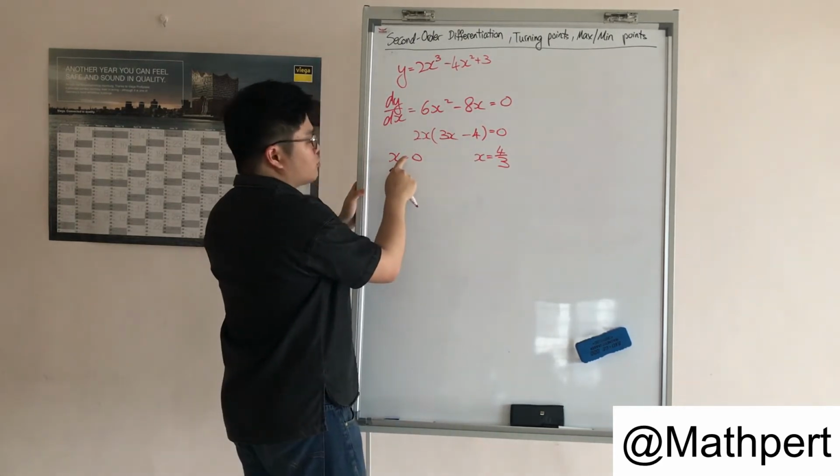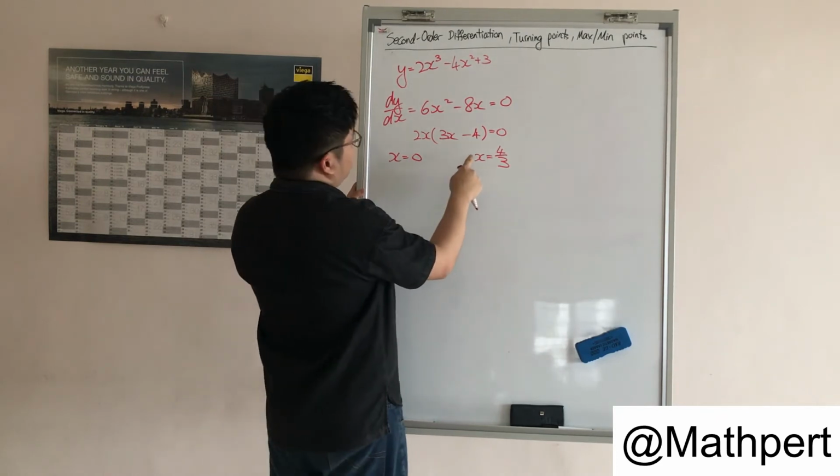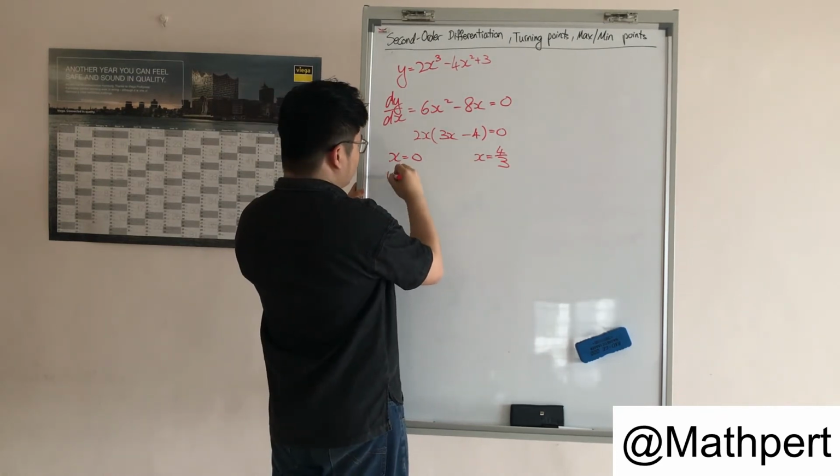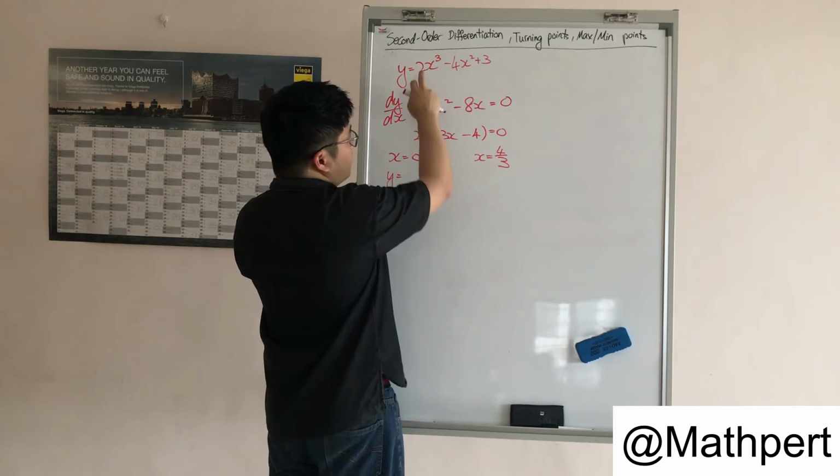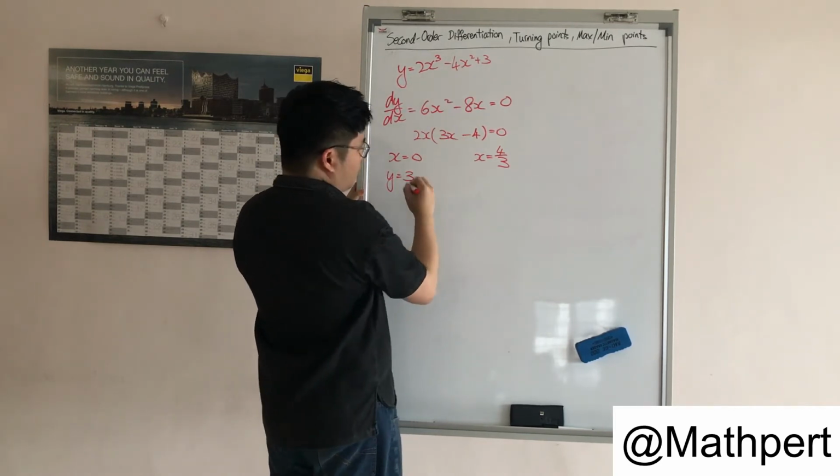So when x equals to 0, y equals to, substitute 0 in here, we get 3.